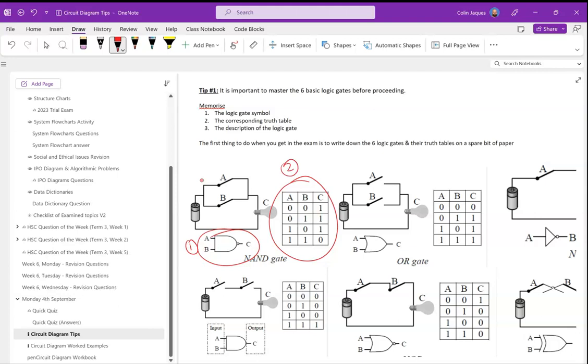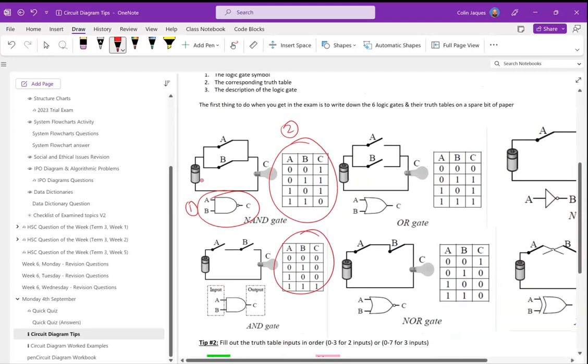The third thing you need to remember is the explanation of each gate. There will be some sort of English representation of the gate itself. For example, if I go down to an AND gate, I would explain it such that the AND gate is only on when both inputs are on.